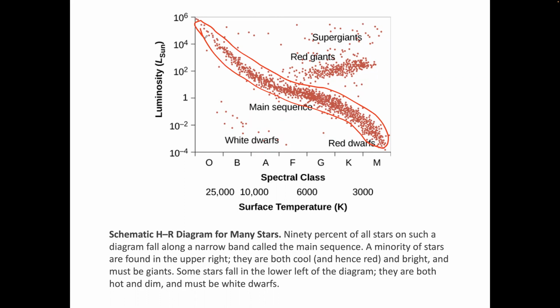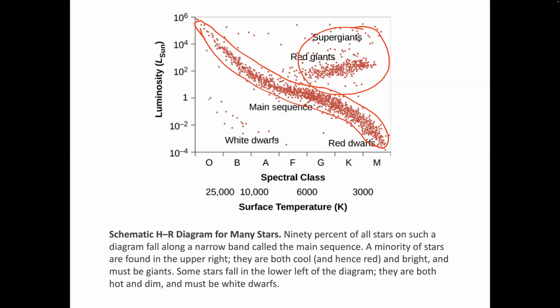And this is what we call the main sequence. And you can see that statistically, most of the stars lie on this main sequence, right? And there are a minority of stars that you find in this upper right corner, which we call red giants and supergiants.